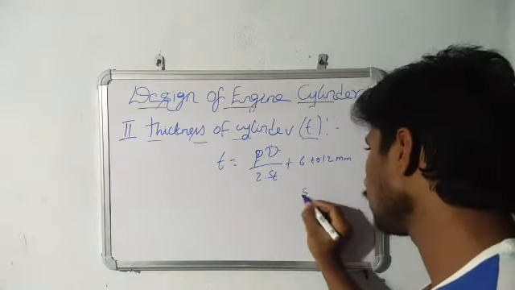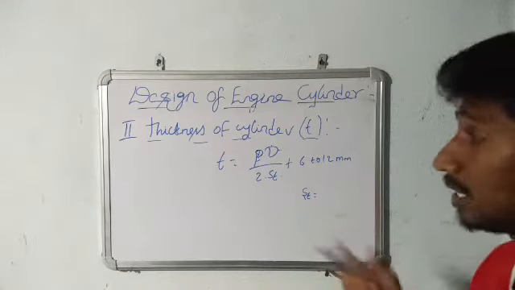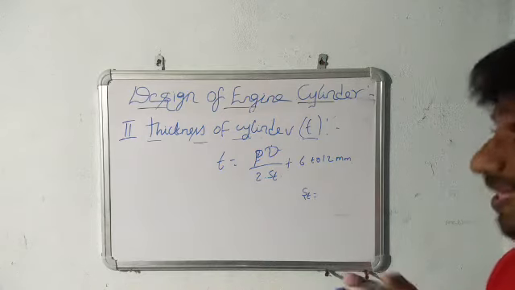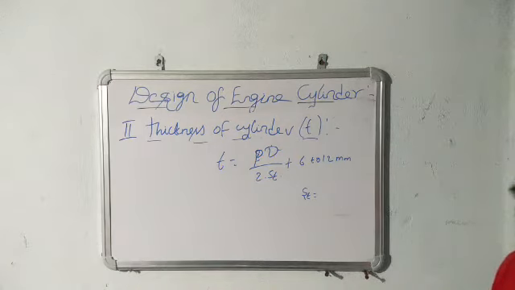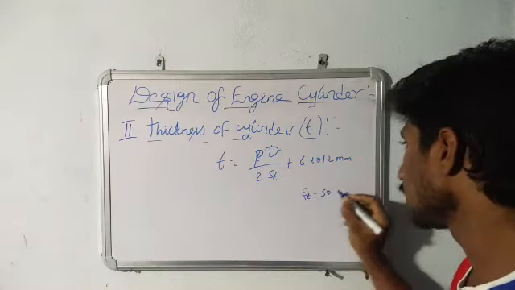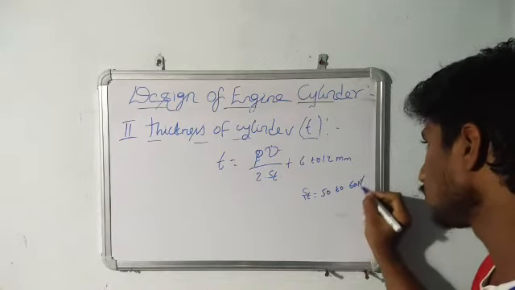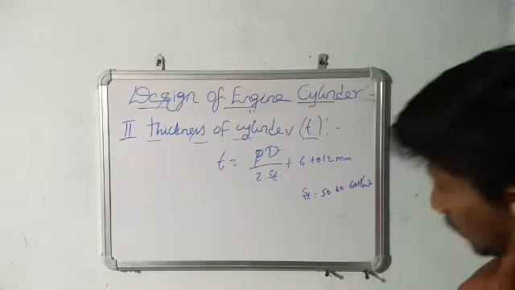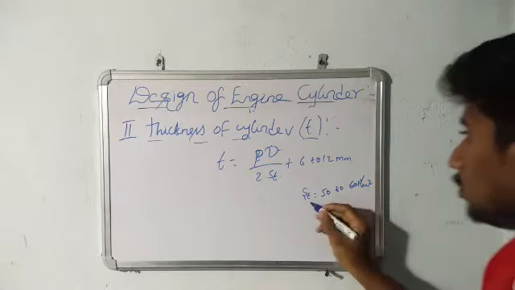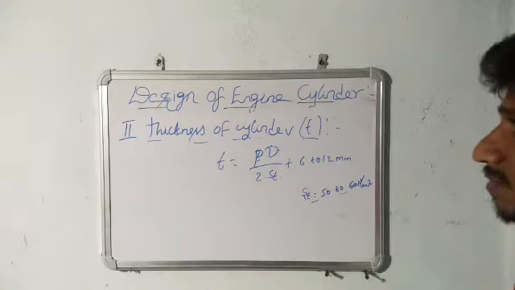One more new term is St, the allowable tensile stress of the material. Here we prefer cast iron as the material to manufacture the engine cylinder, so the value for cast iron is 50 to 60 Newton per mm square. This is the standard one. When we know all these values, it is easy to find out the thickness of the cylinder.